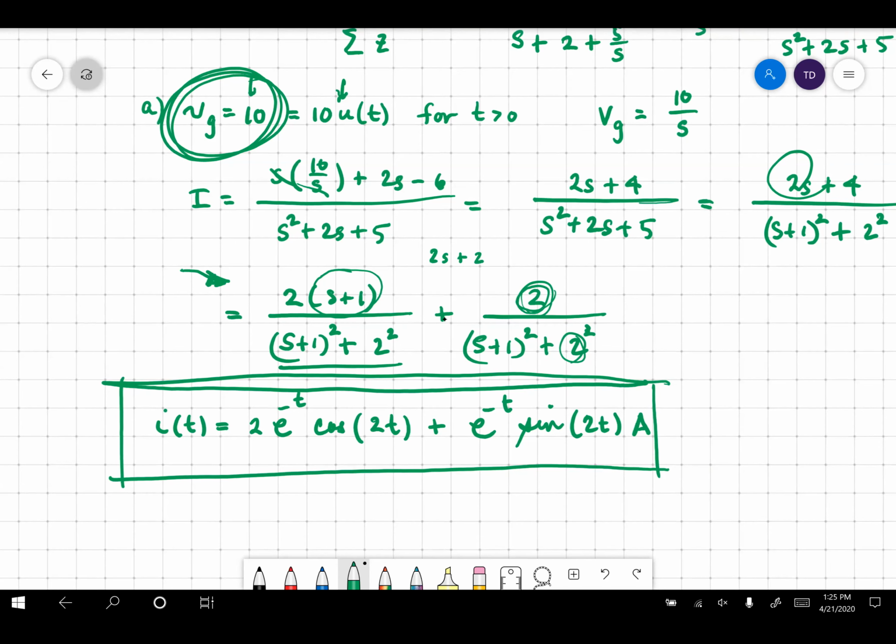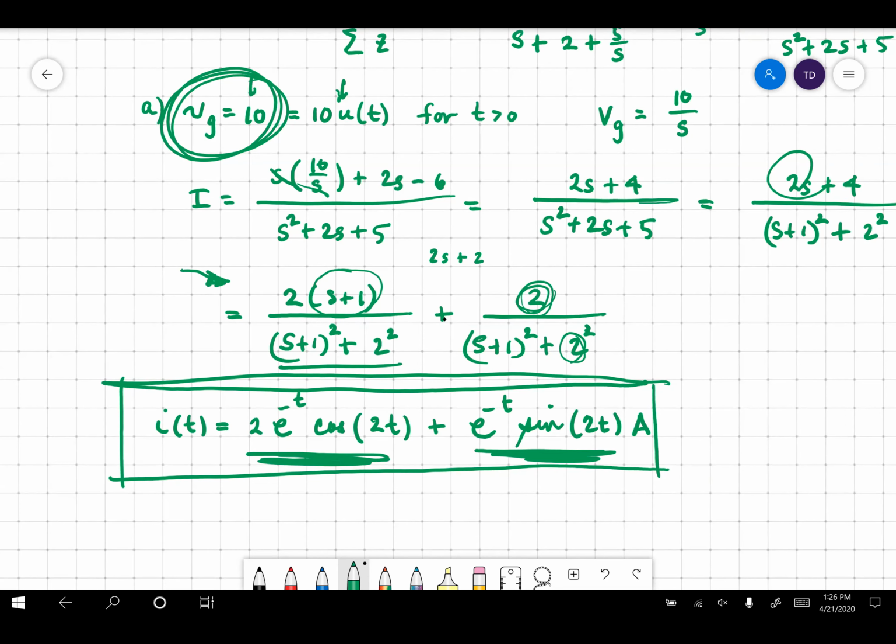Constant source, DC source. So do you see any constant terms in the output here? Anybody see any constant terms there? Just a constant. I don't.